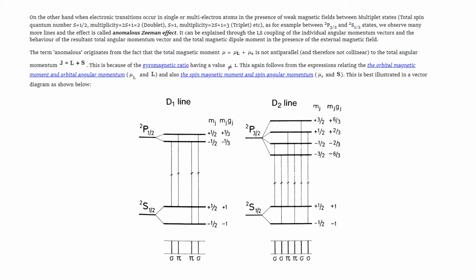Now in these cases, here I am talking about 2P3/2 or 2S1/2. We observe many more lines, and the effect is called the anomalous effect.